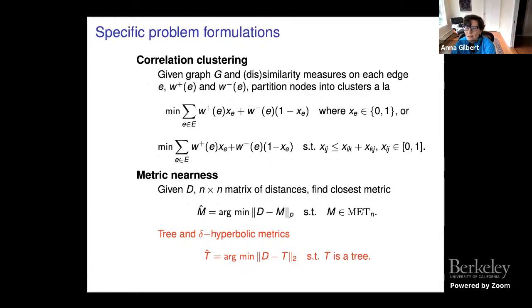So you want to find the labeling 0 or 1 that minimizes this sum. Okay, I think it's not so important for the next part since you're not going to solve this anyway. No, I don't want to solve that version. Yes, there are many complaints one could make about correlation clustering.